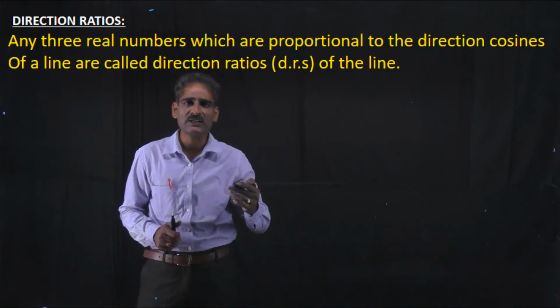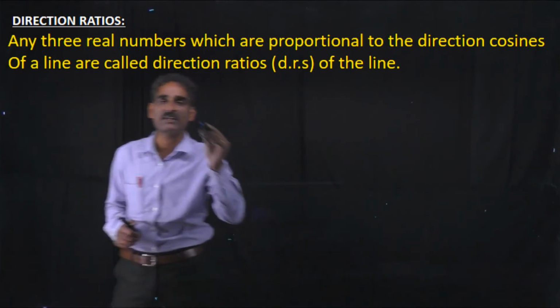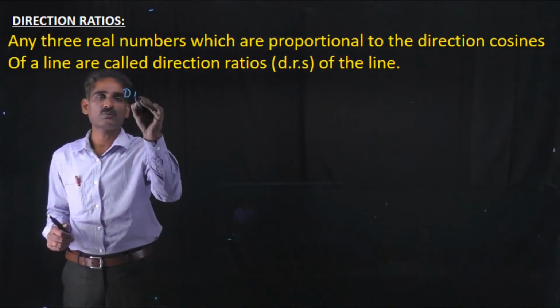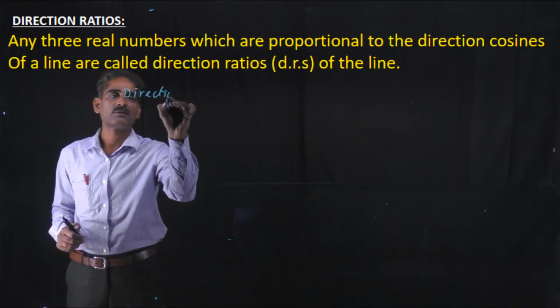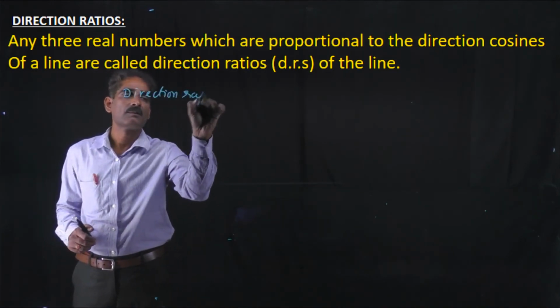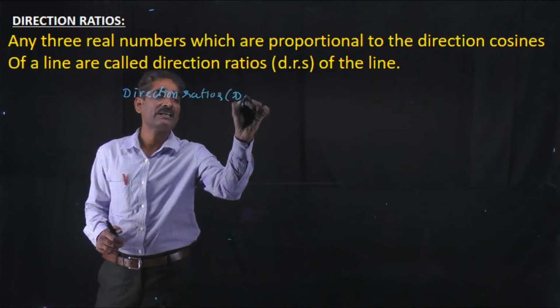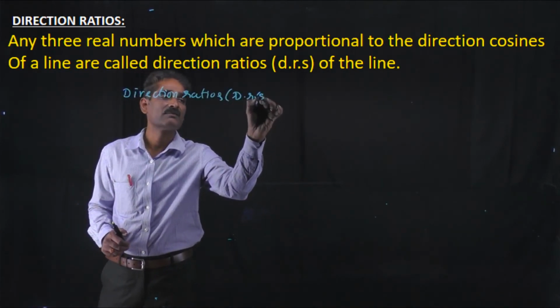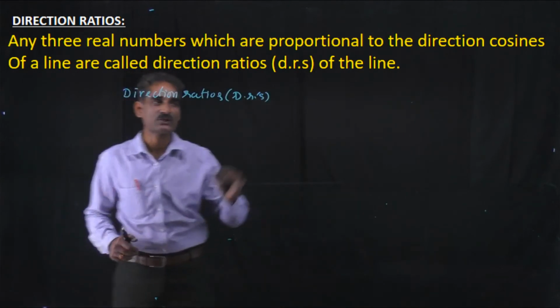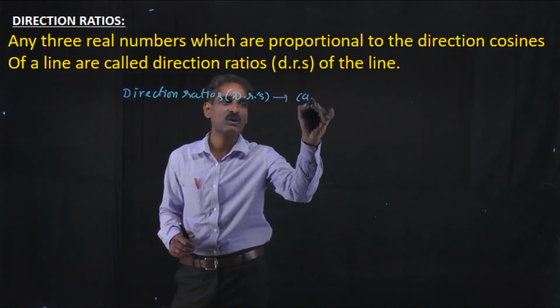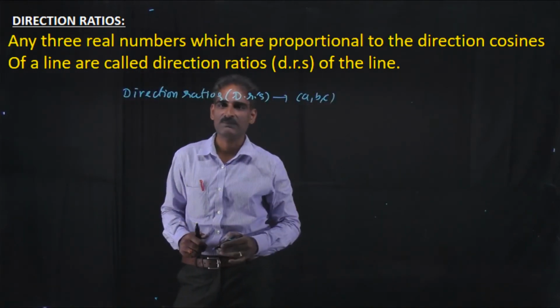Generally DRs, direction ratios, are denoted by small letters a, b, c.